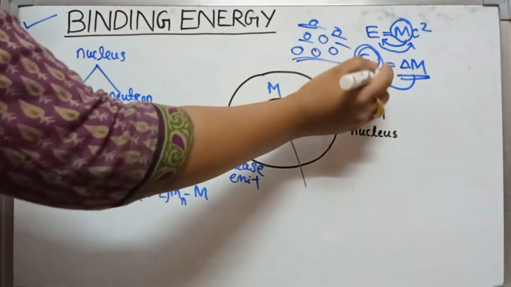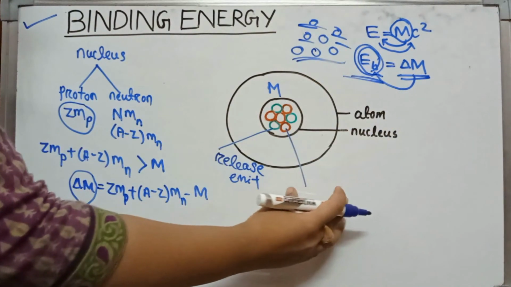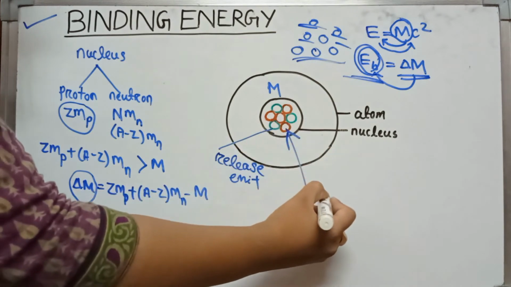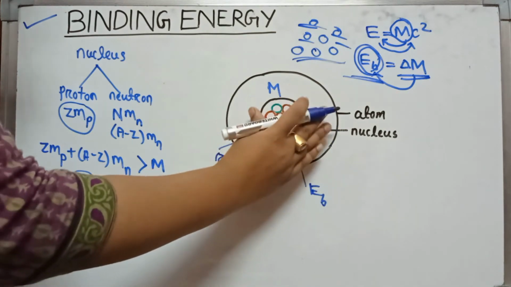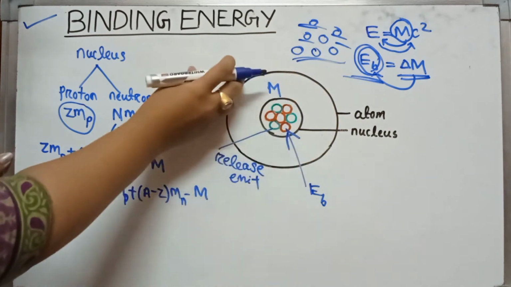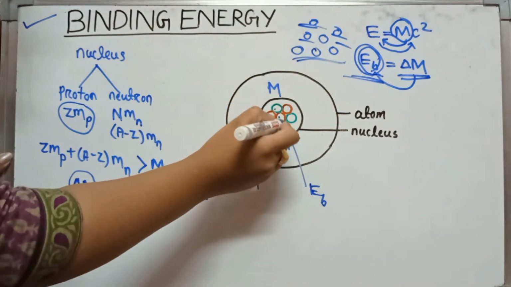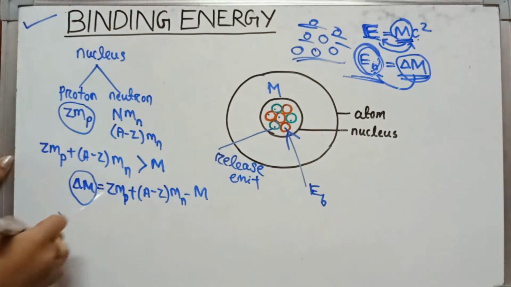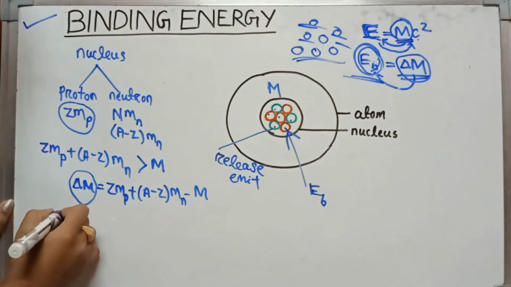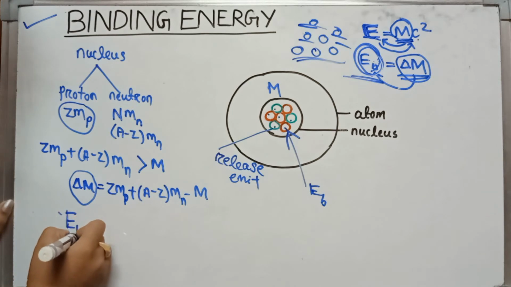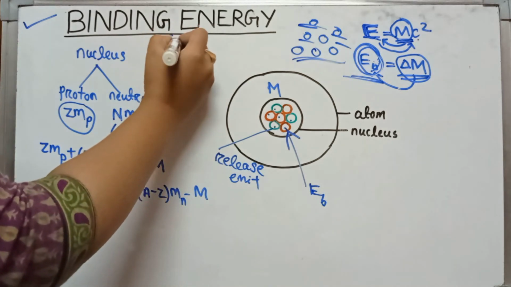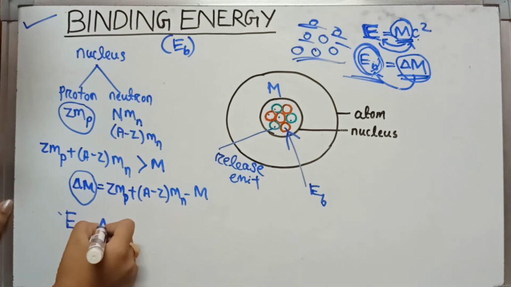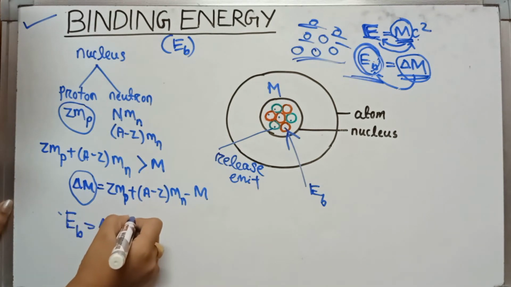Also, when we provide the same amount of energy to a nucleus, that nucleus releases or emits all the nucleons. Clear, students? So here the binding energy is denoted by EB. EB equals delta M into c square.